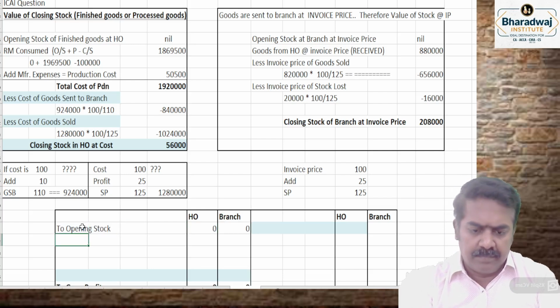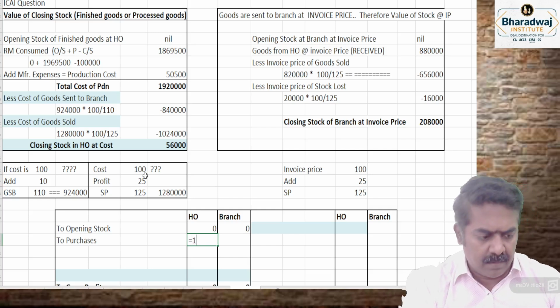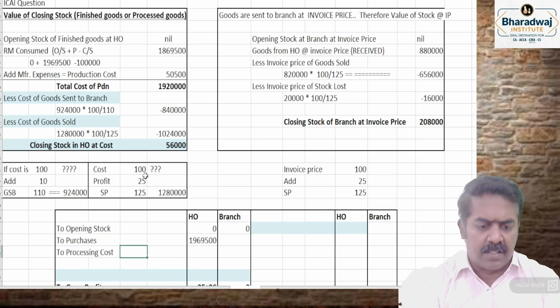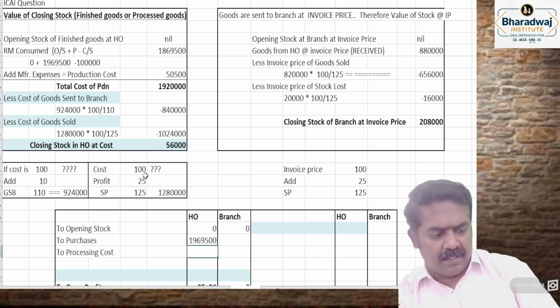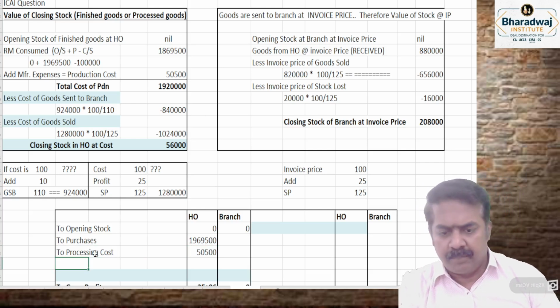Not there. Purchases. What is the purchases? Then the processing cost. Processing cost is a direct expense that will come here. What is the processing cost? 50,500 is the processing cost.